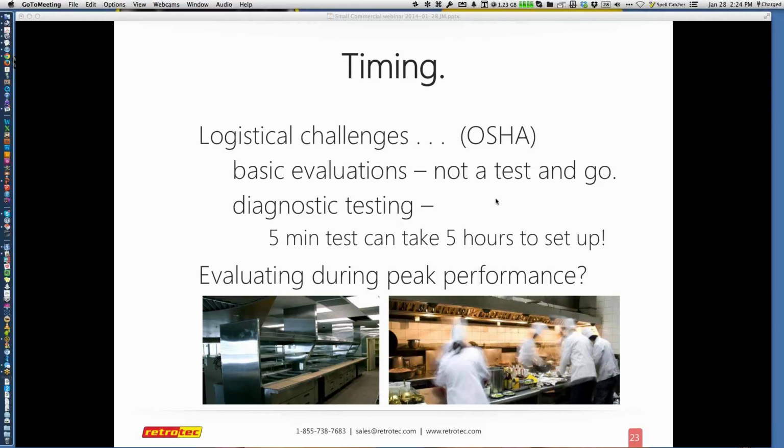So a 5-minute blower door test could take up to 5 hours, depending on what kind of conditions you had to work around, or whether you had to be there late at night or early in the morning, maybe even on a weekend or holiday, in order to accommodate some types of business models.